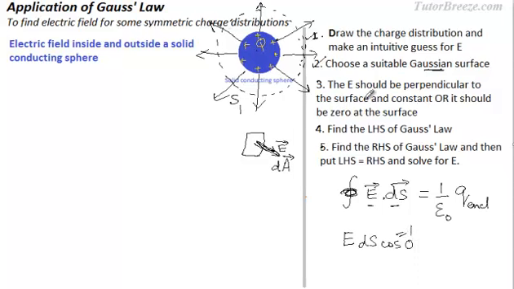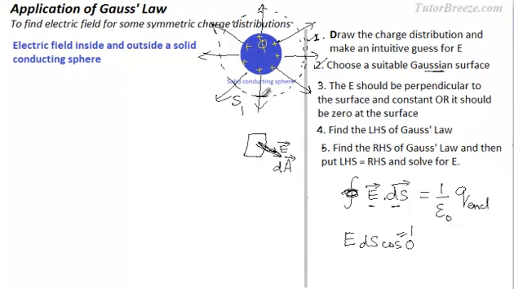So we've also chosen a surface on which the electric field is everywhere perpendicular to the surface and it is constant. Over here, all the points on this sphere are at a fixed distance from the center of the sphere. The distance is the same for all points on the sphere. So the electric field is also going to be the same.